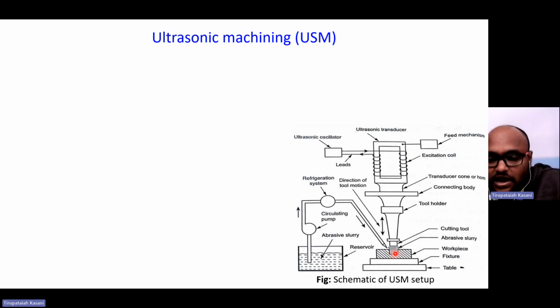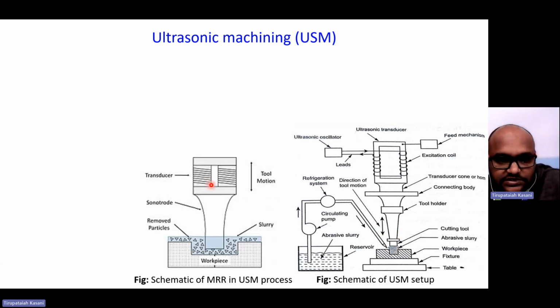For example, if we enlarge this machining zone, see here, this is the transducer, and this is the tool motion. I can call this the transducer, and this whole thing I can call the sonotrode, including the tool. Here we have the transducer, connecting body, tool holder, and the cutting tool.